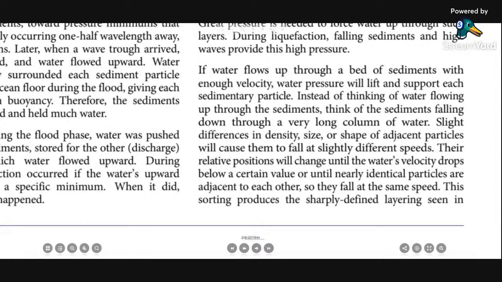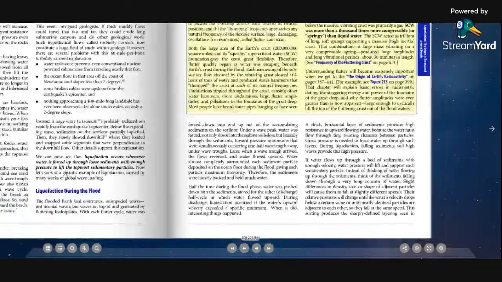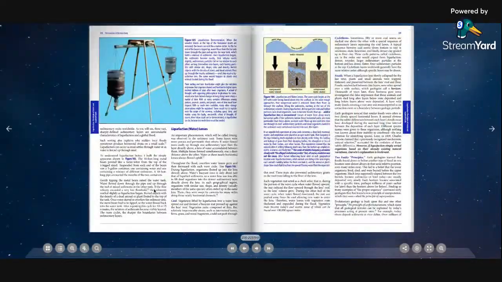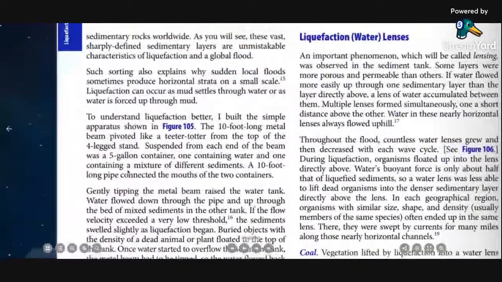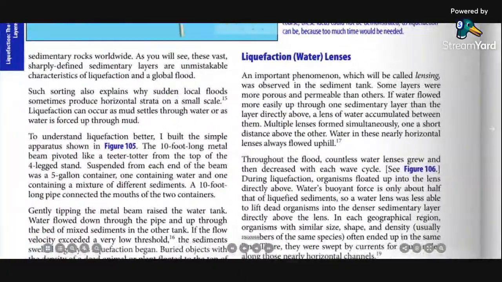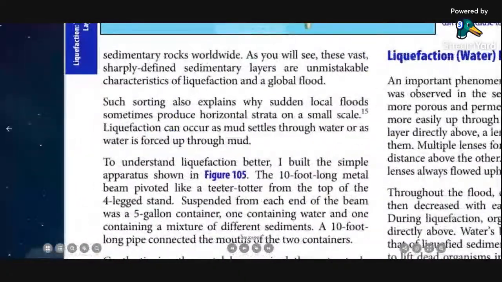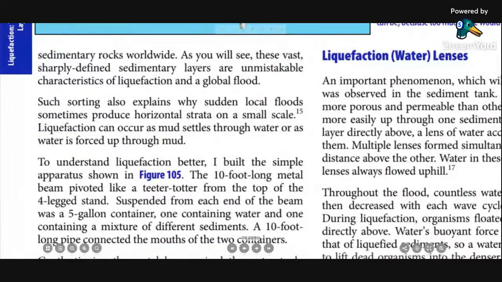This sorting produces the sharply defined layering seen in sedimentary rocks worldwide. As you will see, these vast, sharply defined sedimentary layers are unmistakable characteristics of liquefaction and a global flood. Such sorting also explains why sudden local floods sometimes produce horizontal strata on a small scale.